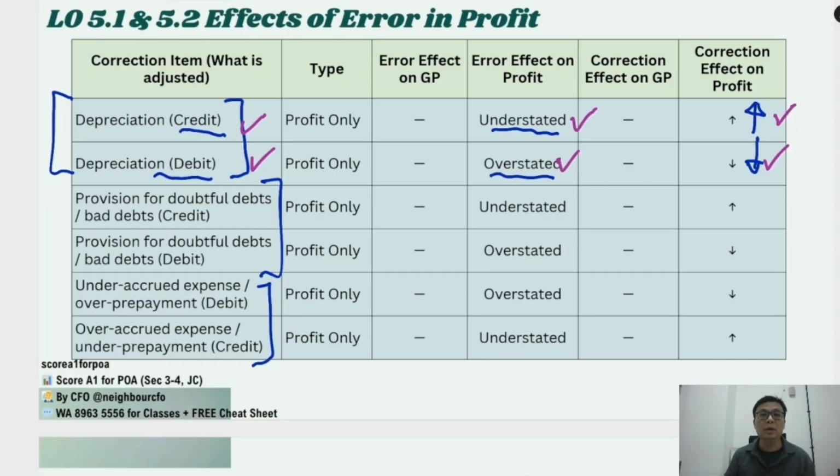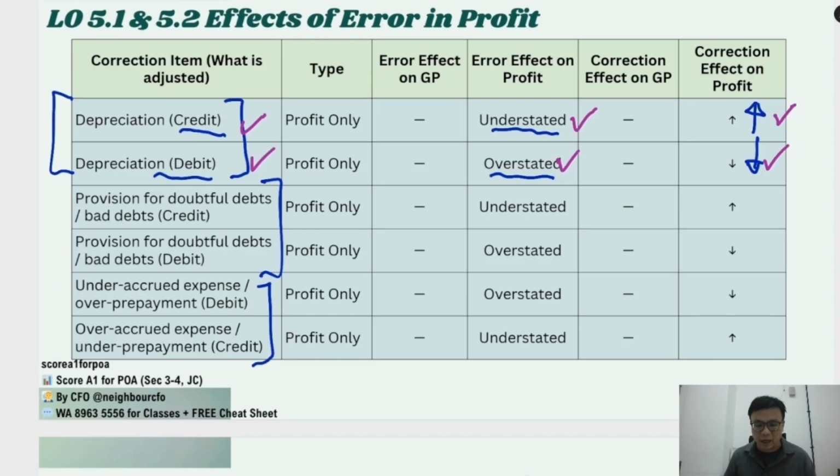You therefore decided to do a provision of doubtful debt, and eventually you write off the account receivable as a bad debt. And when that happens, in the books of account, under your statement of financial performance, you have an expense called bad debts, which we have covered in the previous chapter.